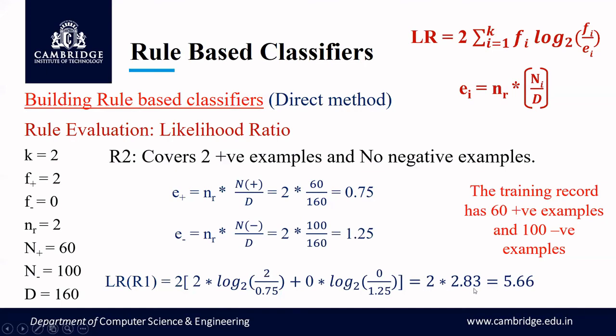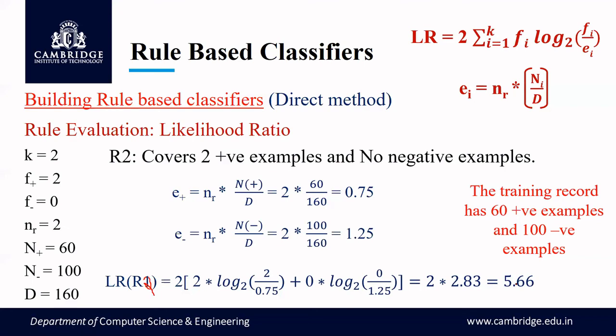The total value for R2 is 5.66, right? LR of R2 is 5.66. Okay, so take a snapshot of this. Hope this is understood.